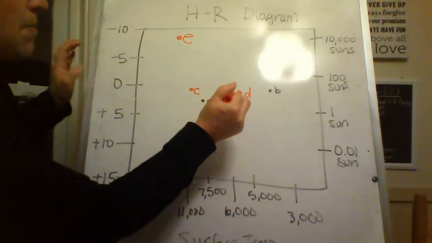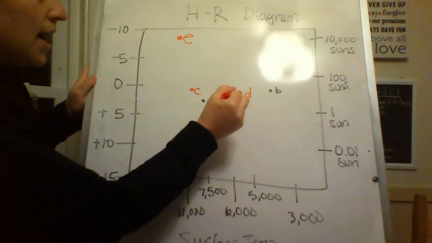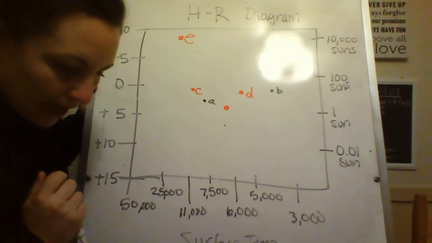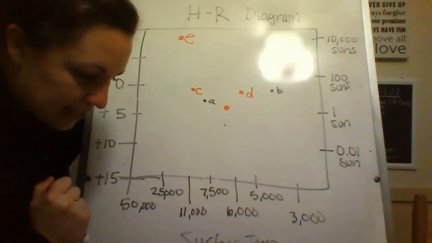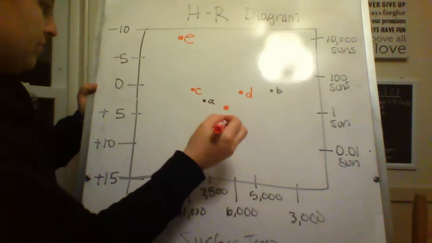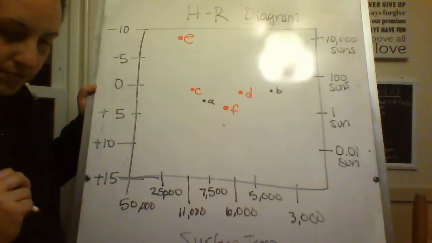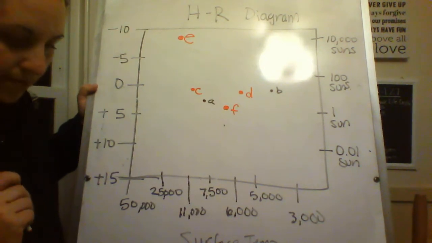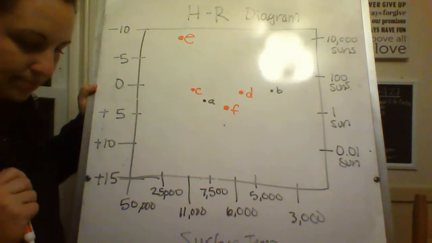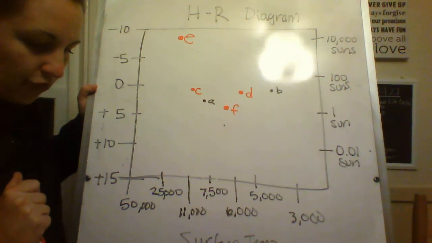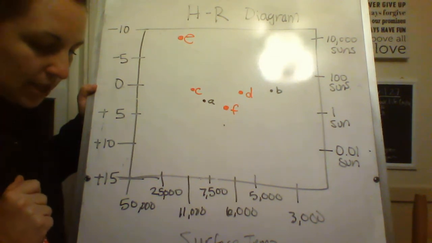So we're going to come about right here. Okay, and we're going to label that F. Okay, great. So that is star F, Procyon A.